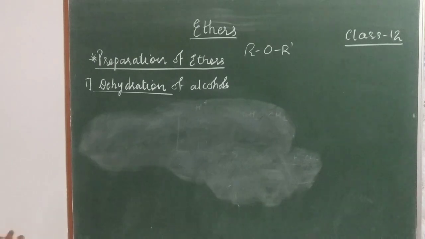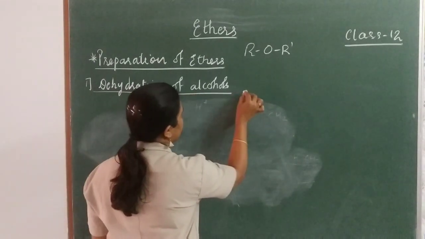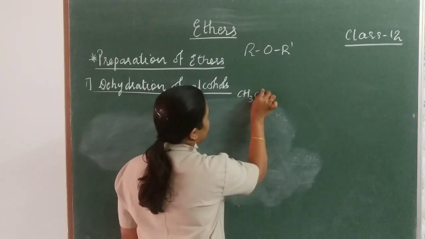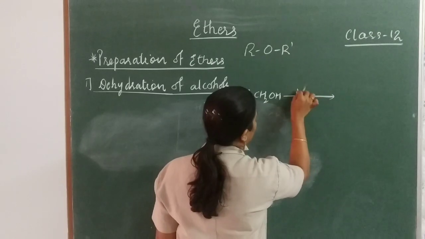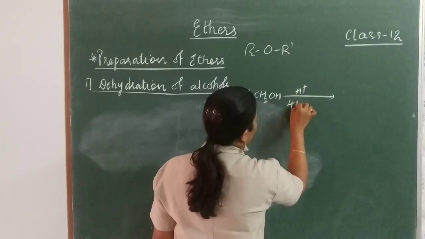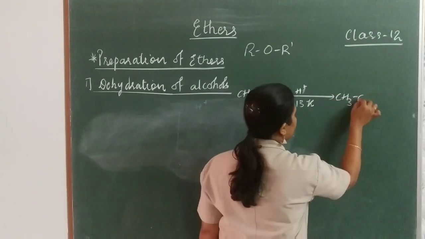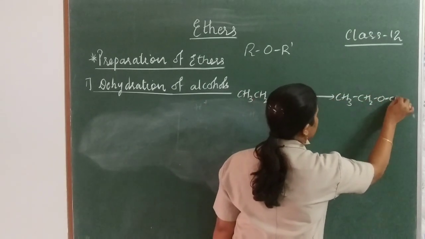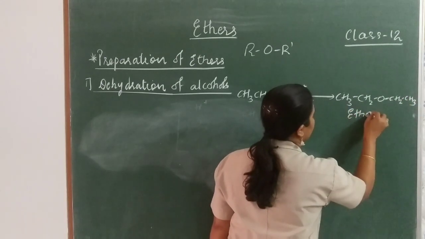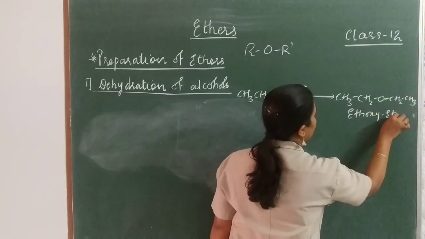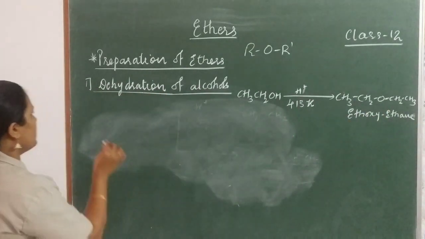First I will write the equation: CH3CH2OH at the temperature of 413 Kelvin converts into CH3CH2OCH2CH3, and the name of the product is ethoxyethane. Now let's see the mechanism of it.